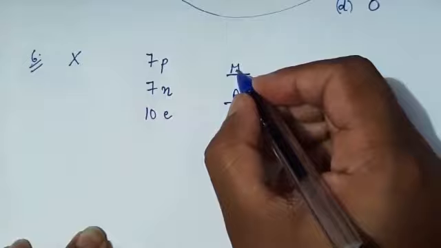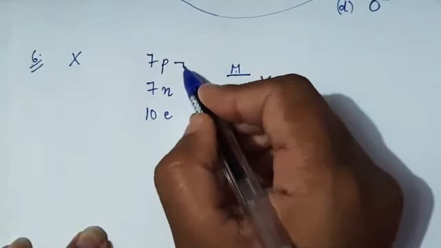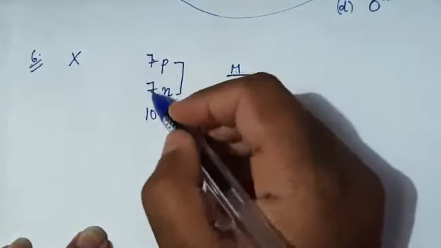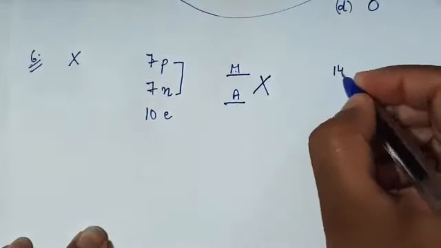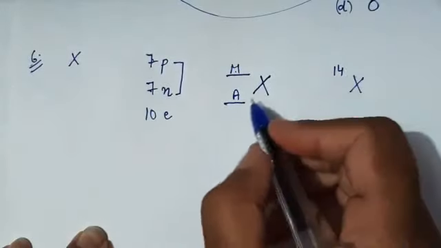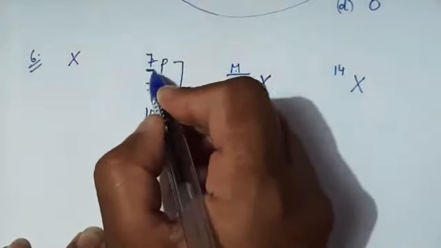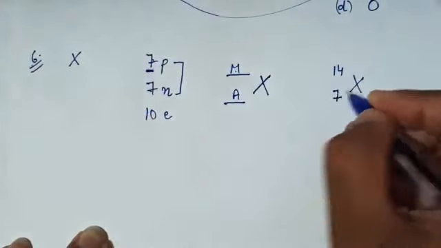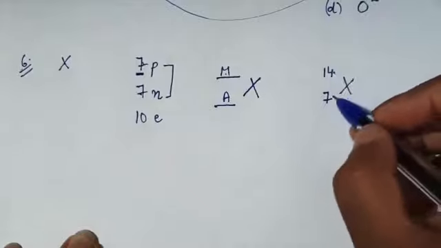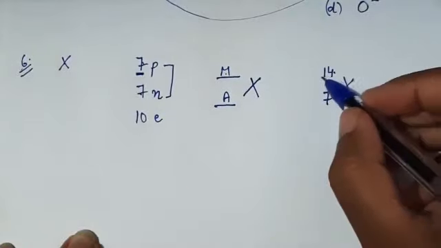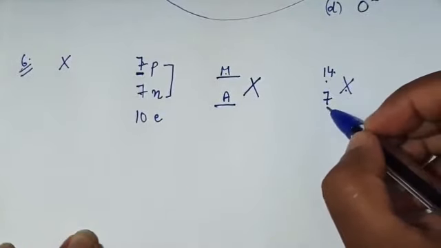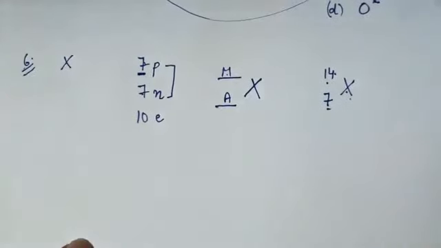Mass number means protons plus neutrons. So 7 plus 7, 14. And what is the atomic number? Atomic number is equal to number of protons. So 7. So the answer is 14X7, where 14 is the mass number and 7 is the atomic number and X is the symbol.